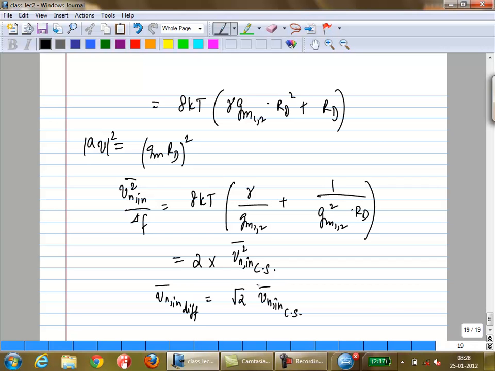So if you just look at the voltages, the noise voltage is root 2 times the noise voltage in a common source, right? The effective input referred noise voltage, not the noise voltage squared. Okay?